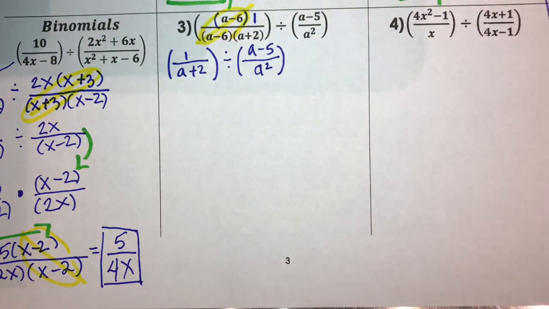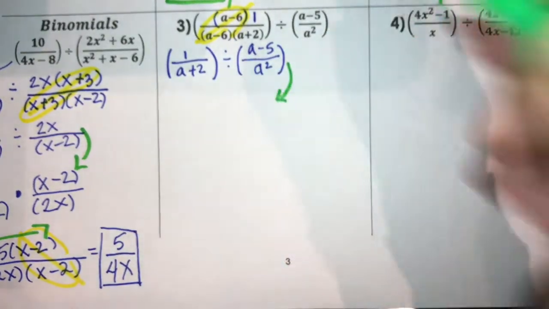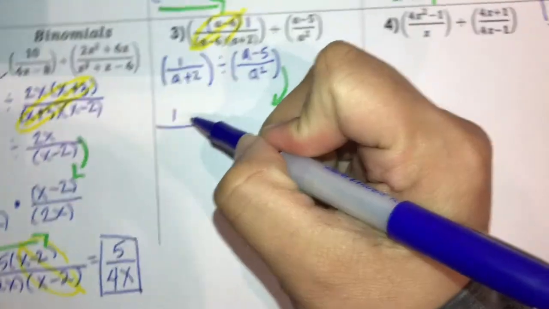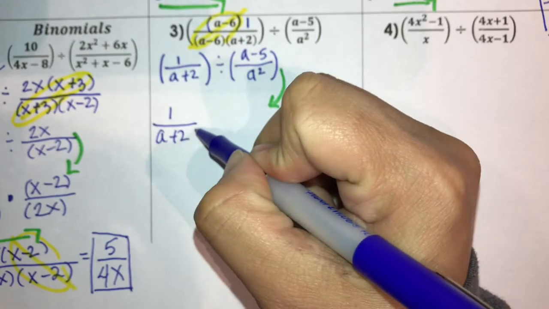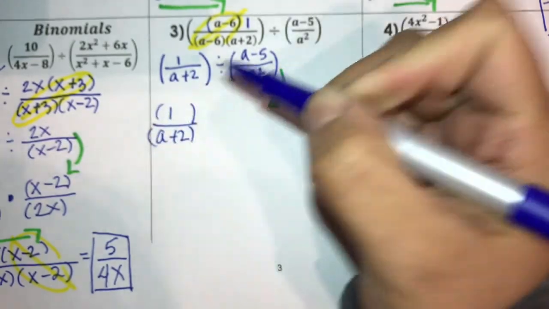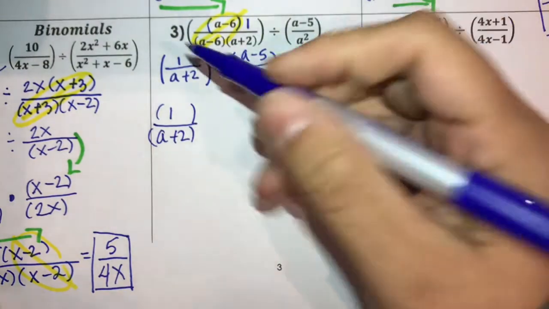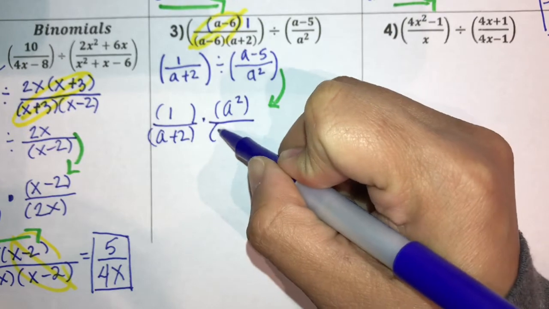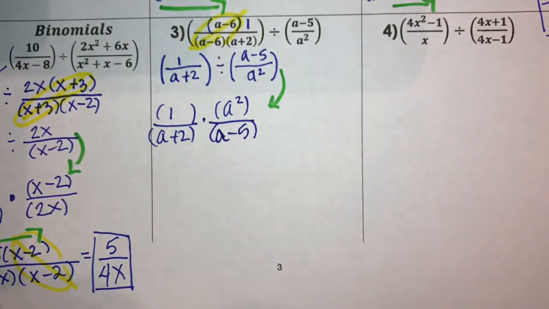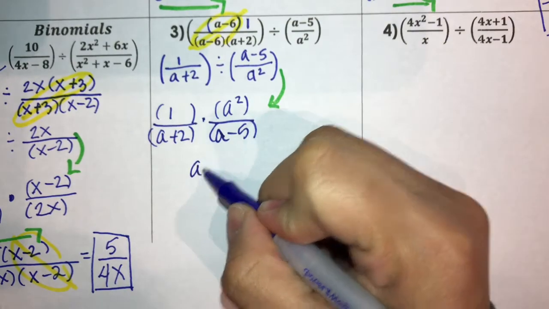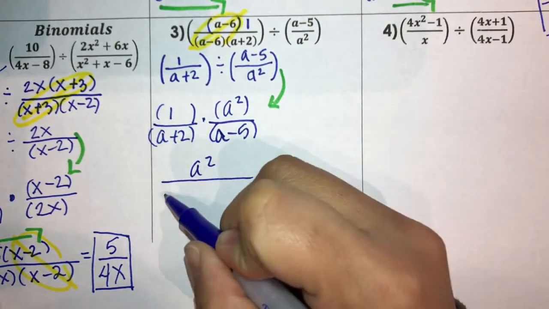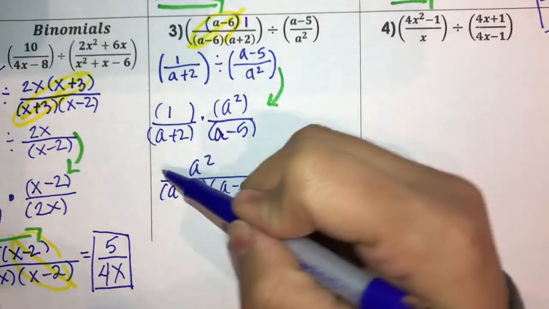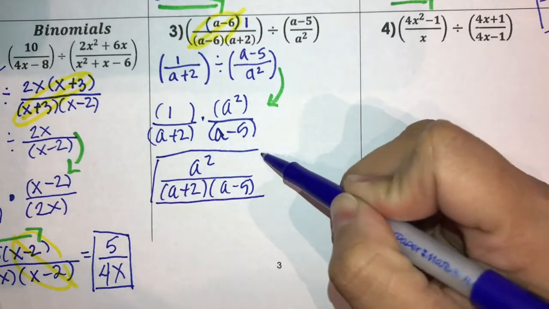Let's create the reciprocal. Then I get 1 times a plus 2, making the fractions into 2 different sets, times a squared divided by a minus 5. As I simplify, I'm left with a squared divided by a plus 2 times a minus 5. That's my answer. There's nothing else to simplify.